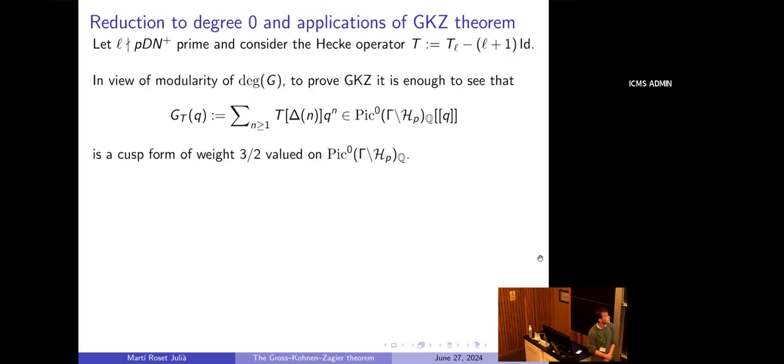And the observation is that thanks to the fact that we already know the modularity of the degree of G, to prove the full Gross-Kohnen-Zagier theorem, it's enough to prove that the generating series GT obtained by applying T to each of our divisors, so now it's a generating series valued in the Jacobian, is a modular form of weight 3/2. And the reason for that is because to prove that we have a modular form, we have to prove that for every functional of the Picard group, if we apply it to our coefficients, we get a modular form. But we can write every functional as a linear combination of the degree map and a functional that factors through T. And we already know that if we apply the degree map, we get a modular form.